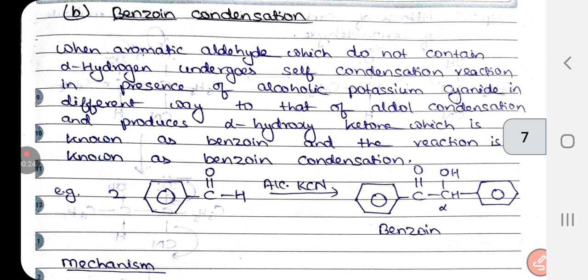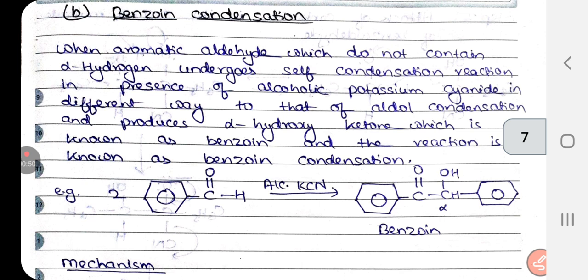और इस बेंजोइन कंडेंसेशन में होता क्या है, दो एल्डिहाइड लेना है और ये जो एल्डिहाइड है इसके पास अल्फ़ा हाइड्रोजन नहीं होना चाहिए। The aldehydes which do not have alpha hydrogen taken under consideration, basically aromatic aldehyde, not aliphatic.